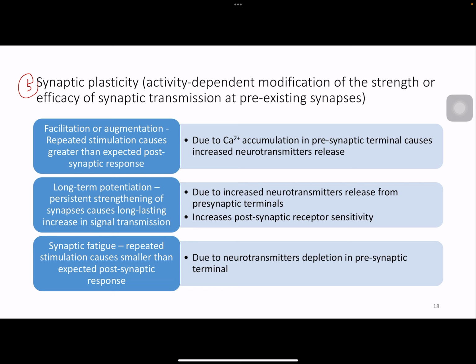If there is repeated stimulation, the response of the synapse can be augmented or facilitated greater than expected. Why? It's because with every neurotransmitter release, there is an increase in calcium accumulation in the presynaptic terminal.